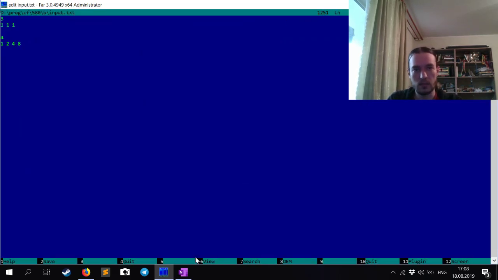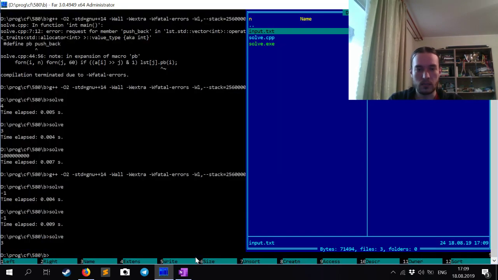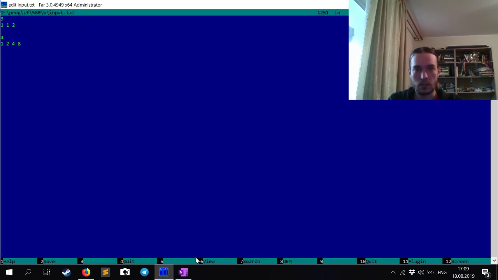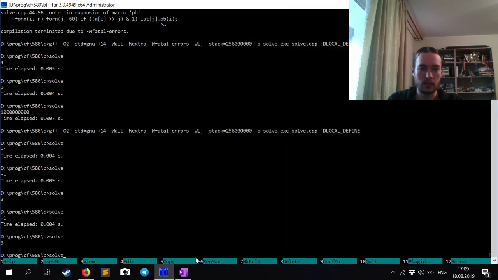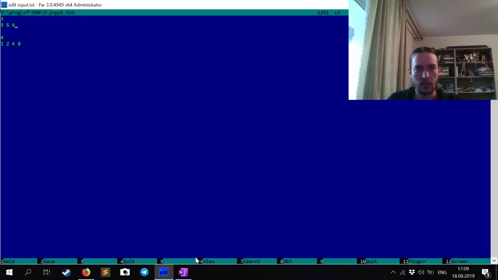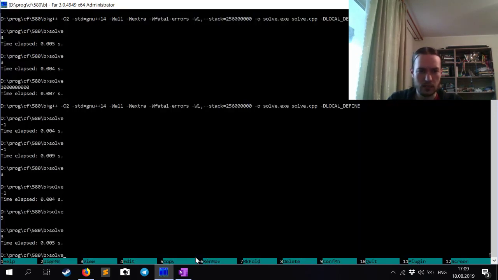So 3 in this case, and in this case nothing. In this case 3 again. So this is the smallest case when we have 3. And if we wanted a cycle of length 5, for example, we would go about like this, and then the answer here is like 6, I guess.